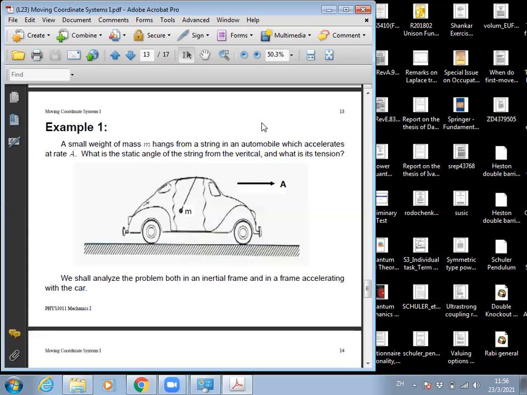180 degrees plus theta. So it hits the rooftop of the car, right?